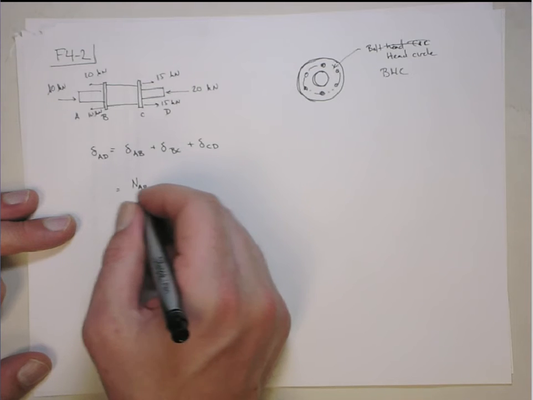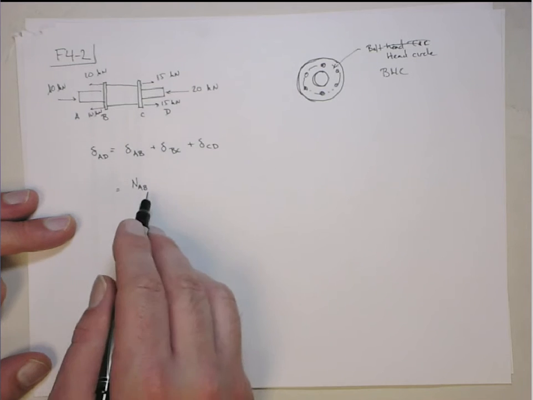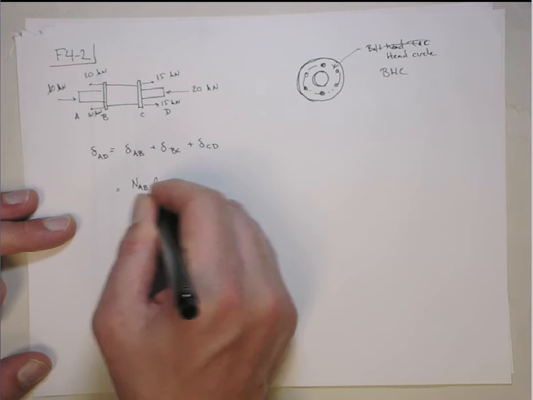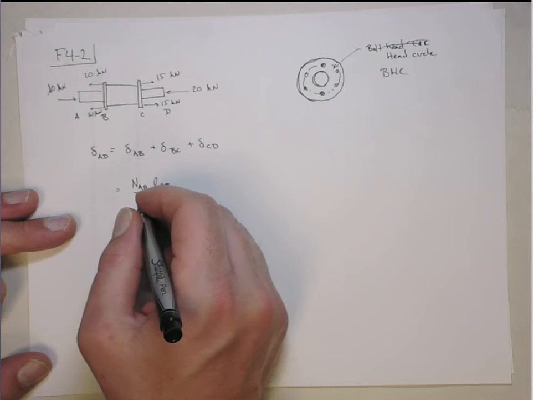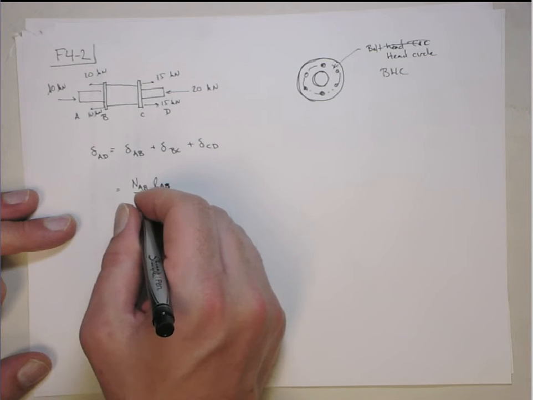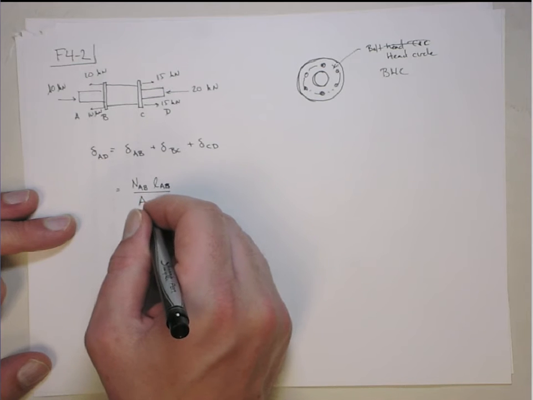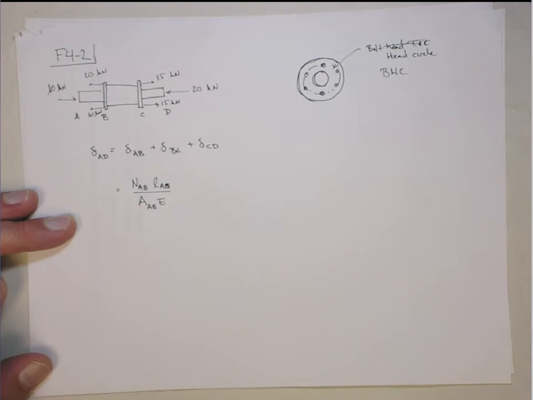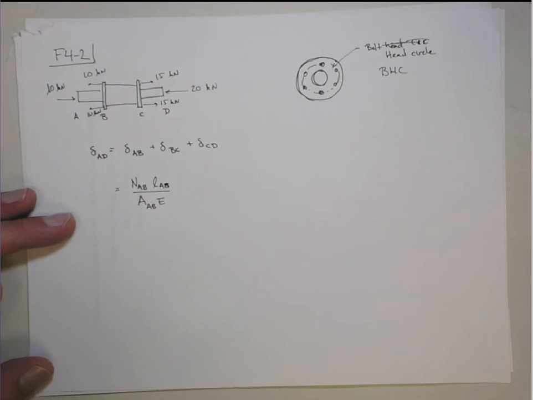This means the internal reaction force in section AB times LAB over A of AB times E. I think it's all the same material. Yeah, I think it's all aluminum, okay?